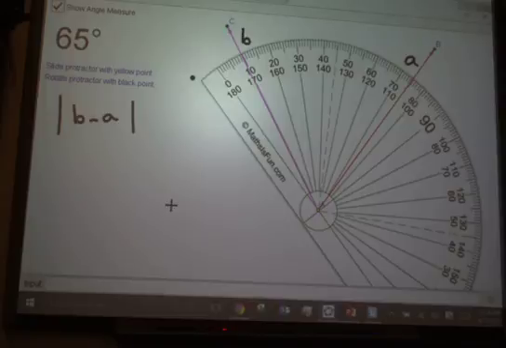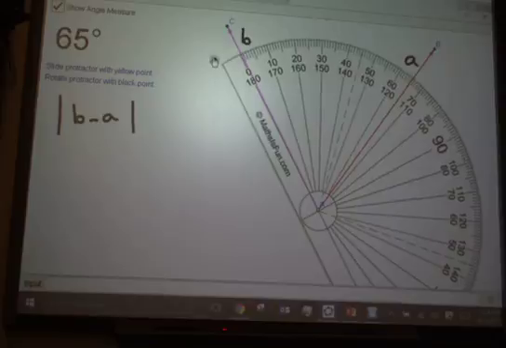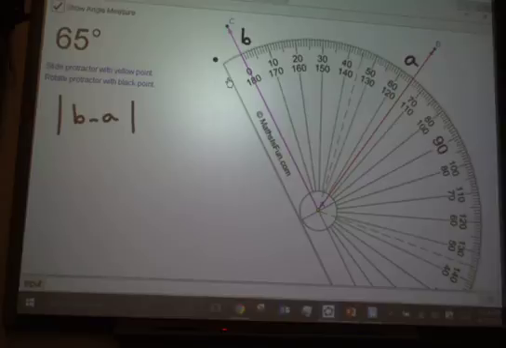When you do that, isn't it so much easier to do subtraction when this number doesn't really matter, is 0? Isn't it really easy to take 65 minus 0? And you get the absolute value of 65.